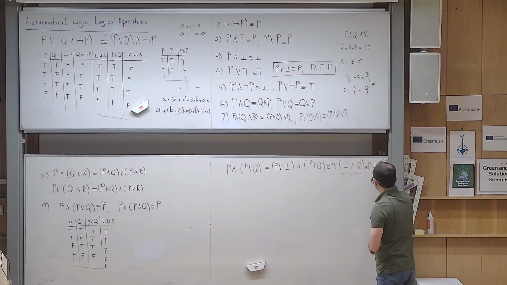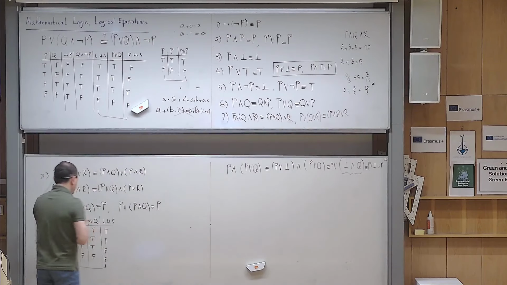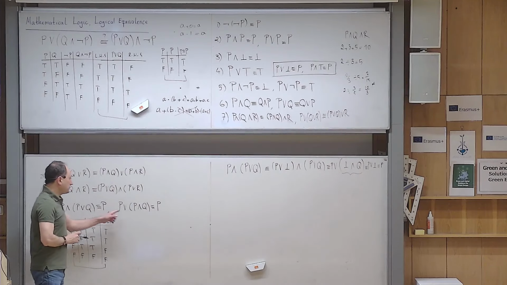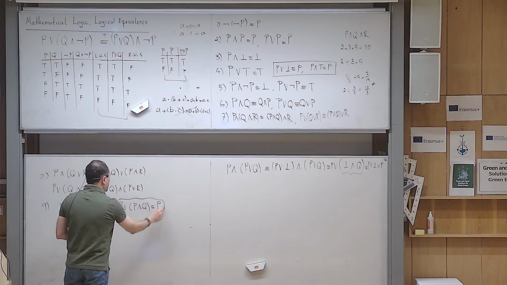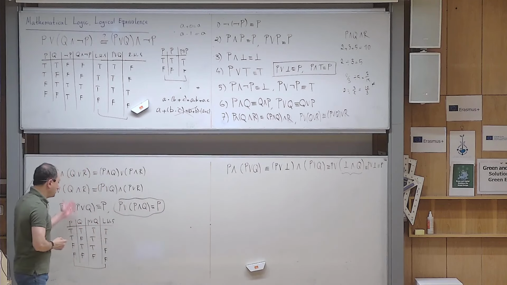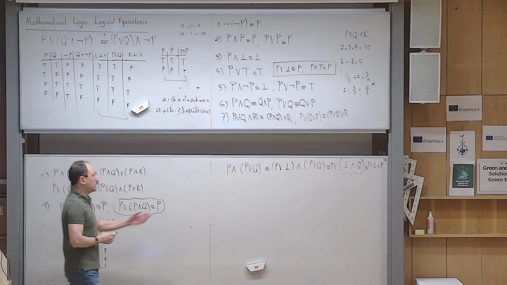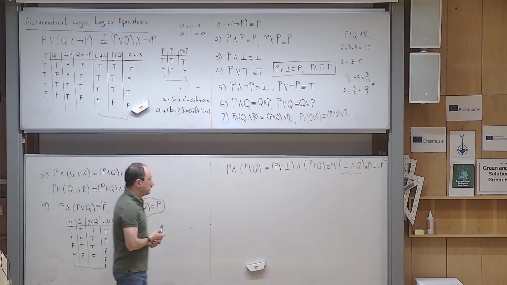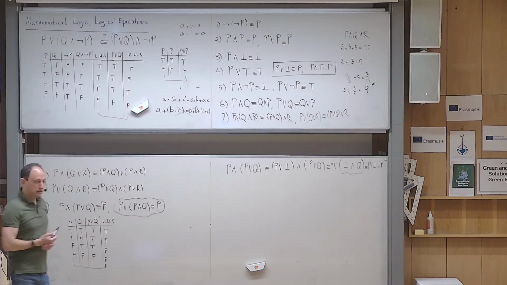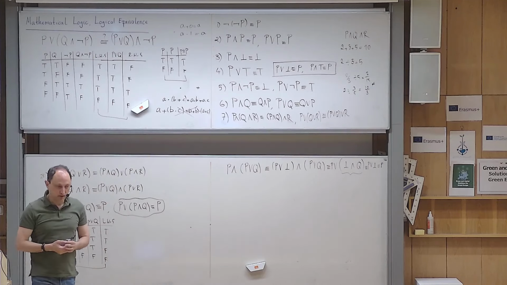It's P. Yes? So that's a better proof for the absorption law here. If I want to prove this absorption law, you can do it as a practice yourself. Either you can do it like the table, or you can do it algebraically. Very similar ideas there. I will leave it as an exercise.